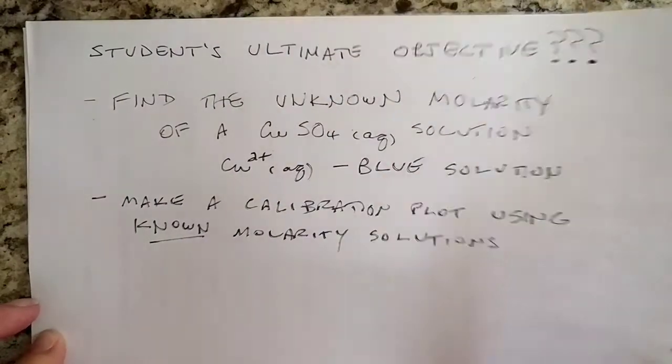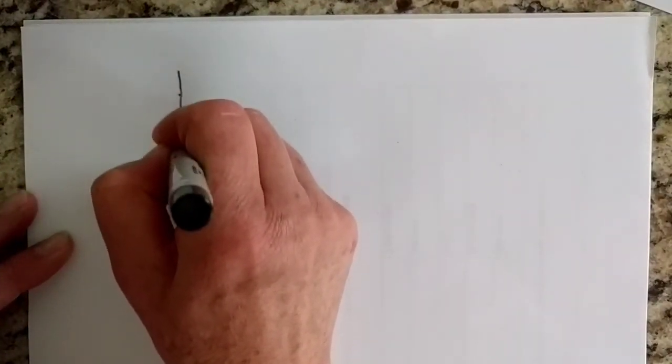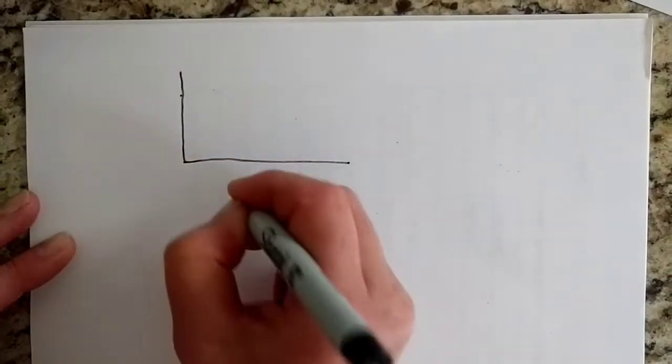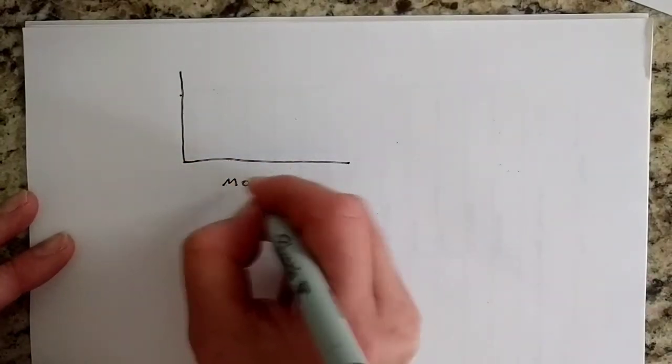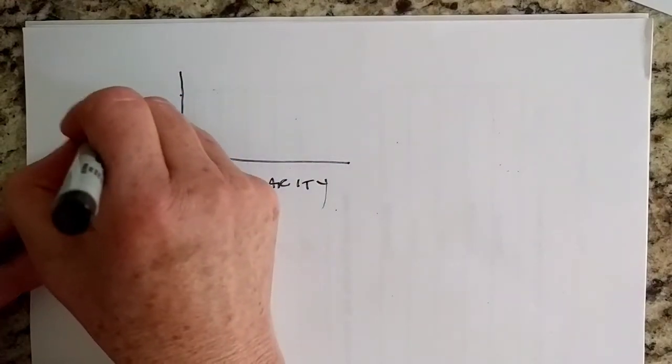Okay, so what would that look like? So that would be a plot of concentration or molarity here versus absorbance.